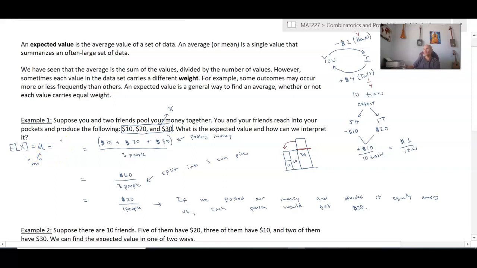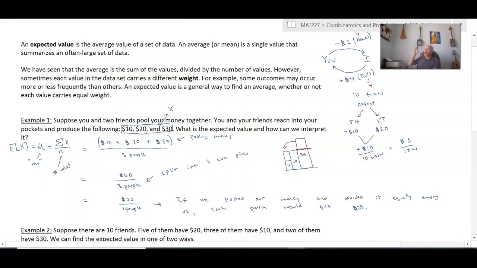And to calculate this, we're going to add up, sum up all of the x values and divide by the number of values. And we'll say that there are n values. This is the number of values.